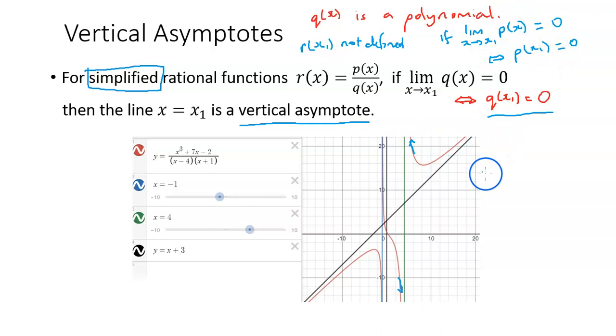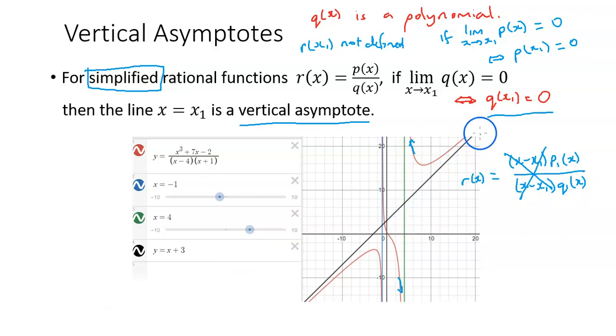Otherwise, we would have r of x equal to x minus x1 times p1 of x divided by x minus x1 times q1 of x. And so then it wouldn't be a simplified rational function because we could cancel that factor and have two new polynomials, p1 and q1.